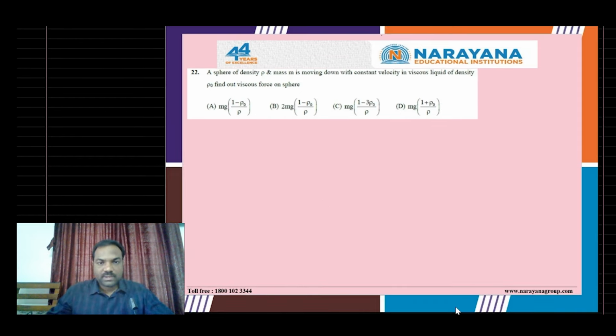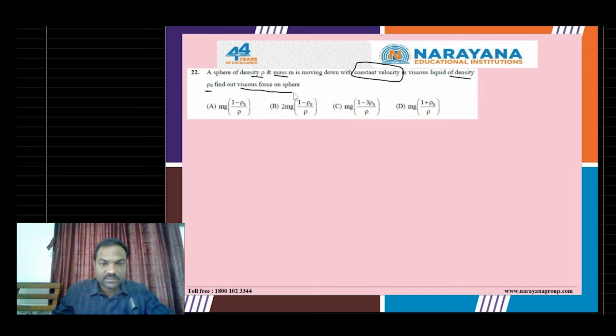So here we go with the next question, which is related to viscosity and terminal velocity logic, but they are not asking exactly about terminal velocity, something different. If you observe, they have given the sphere density and sphere mass, and it is moving with constant velocity, which is a highlighted term, and the viscous liquid density is rho naught.